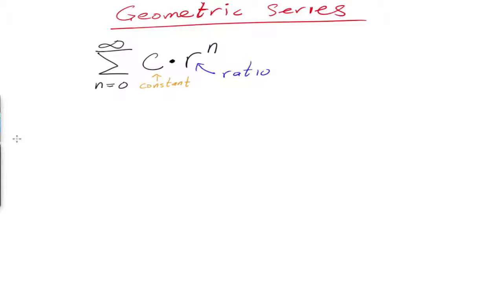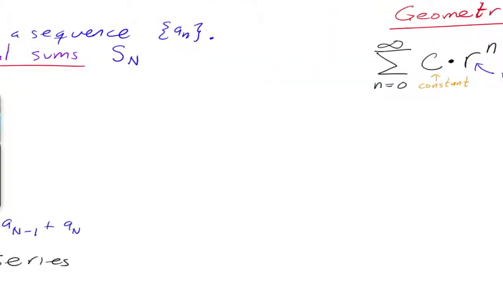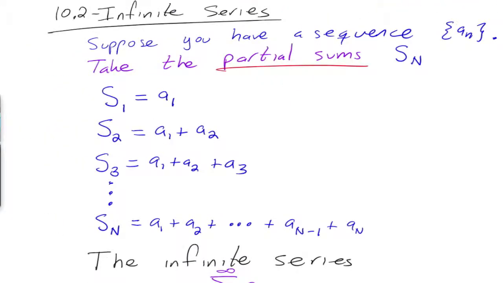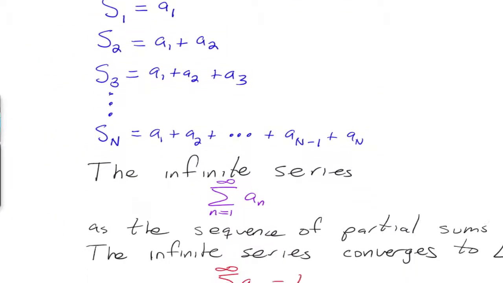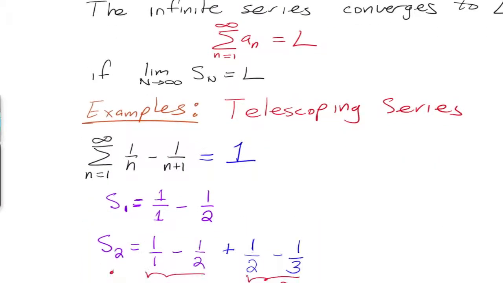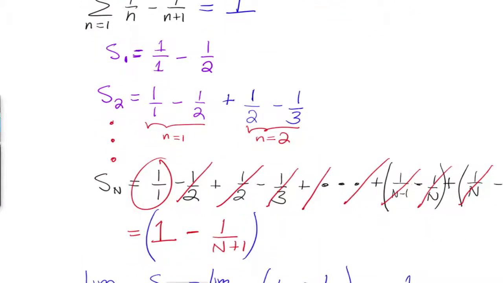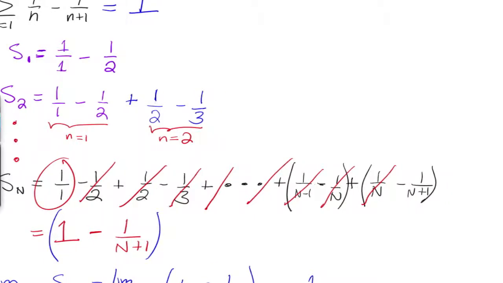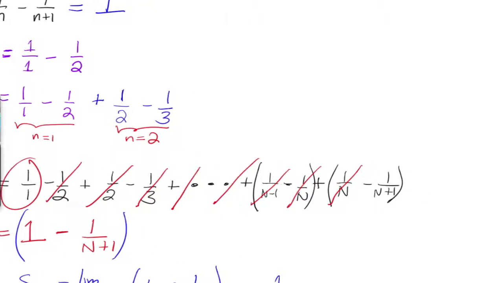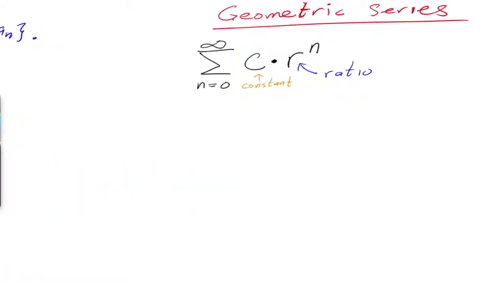What characterizes the telescoping series again? That it has this property that the terms in the middle of the partial sums always cancel out in one way or another. Yeah. Okay.